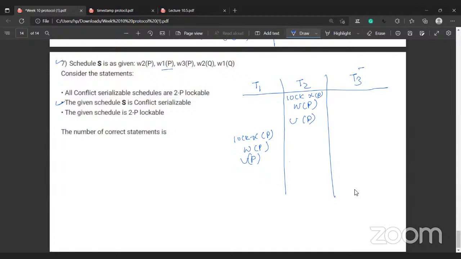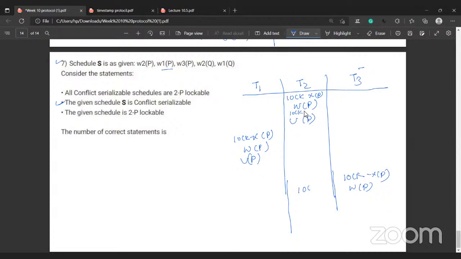Then W3P, so you have to apply an exclusive lock on P, on data item P, then write P. Then W2Q, right? So you have to apply an exclusive lock.